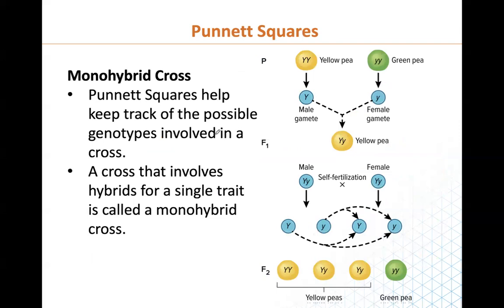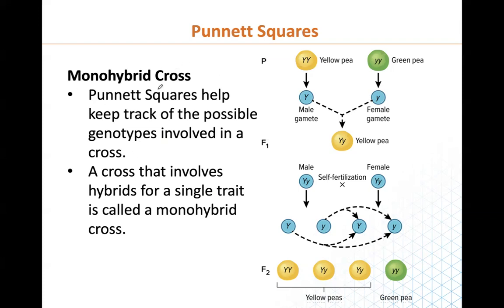So the next one is the Punnett square. So this is the Punnett square.